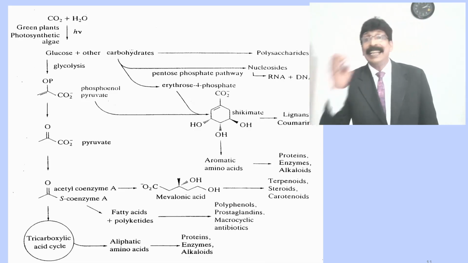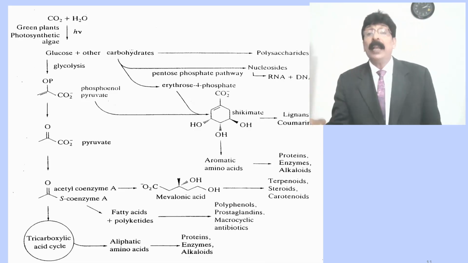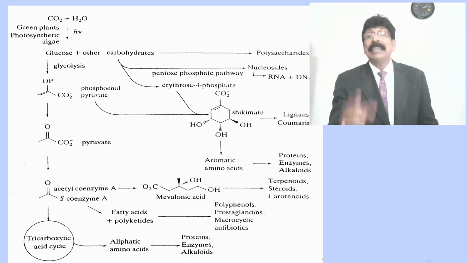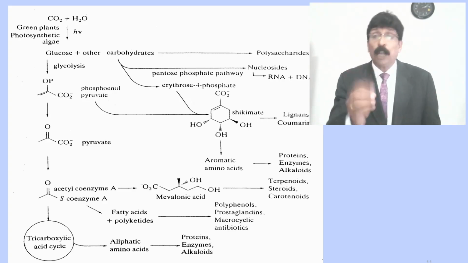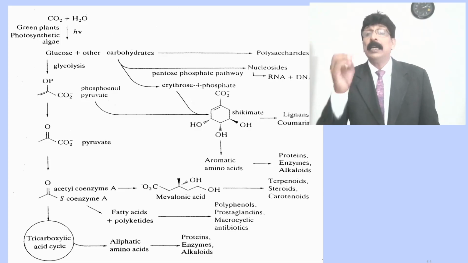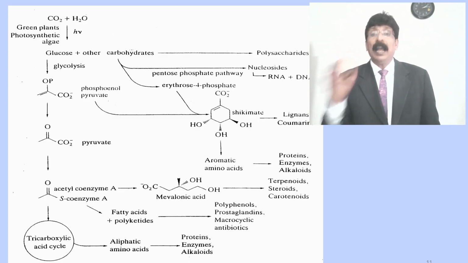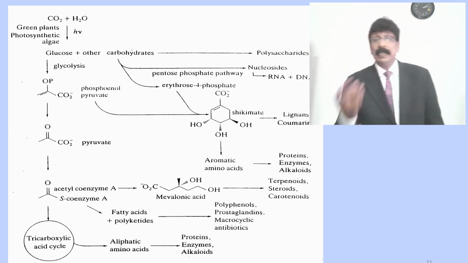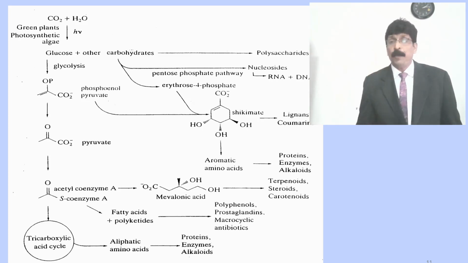And this shikimate can be converted into lignin or coumarin. This shikimic acid can give rise to the aromatic amino acids like tryptophan, tyrosine, phenylalanine, and it can give rise to proteins, enzymes, and alkaloids can also be produced as a product.